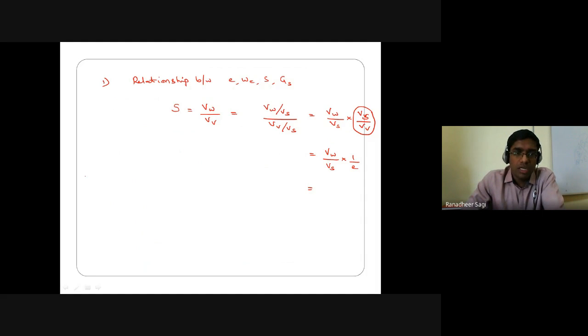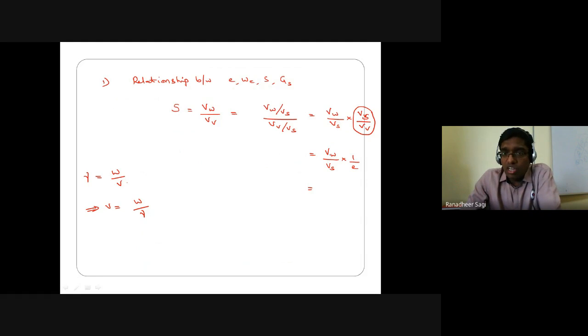Earlier we have seen unit weight is nothing but weight by volume. So from this, I'll say that volume is nothing but weight by unit weight. So I'll just try to rewrite according to my convenience and requirement now. Now, which volume am I talking about in the numerator? It is the volume of water.